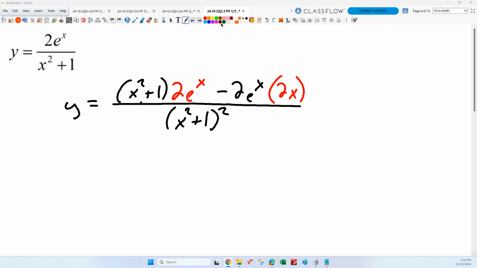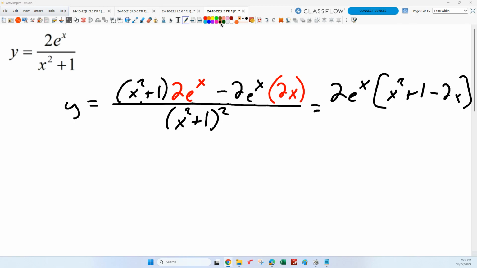Factor it out. Hey, there's a little too much talking. I feel like I'm talking over the top of people. If I were out there, I'd probably be pretty frustrated if I were trying to listen to this. So instead of distributing the 2e to the x, what should I do? Factor it out, for sure. So we get 2e to the x times what's left over. Well, x squared plus 1 minus 2x.